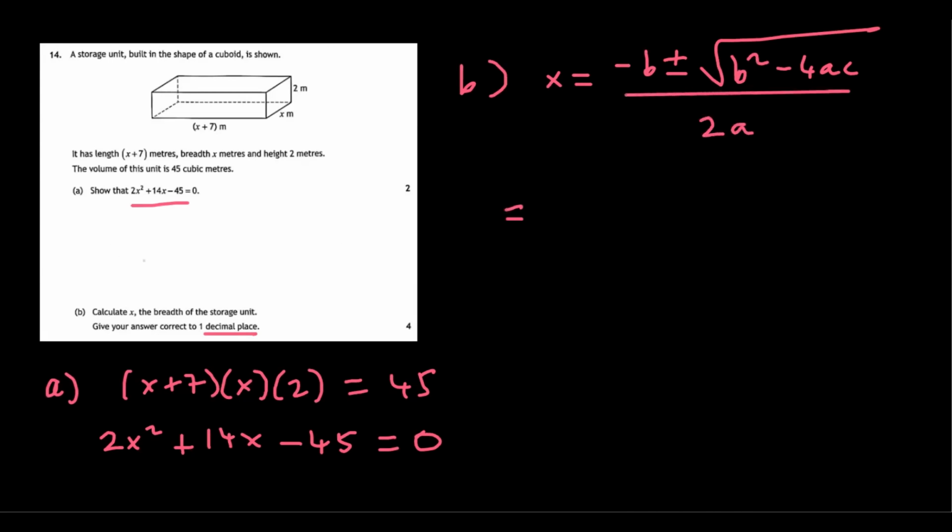And then we just plug in the coefficients. So b is 14. So it would be 14 squared, that's 196, minus 4 times 2 times 45, minus 45. So that would be plus 360.